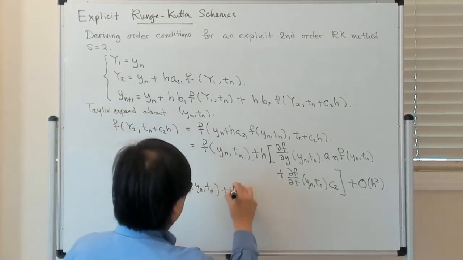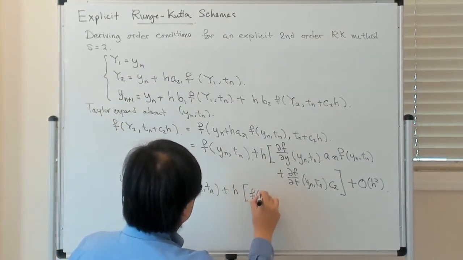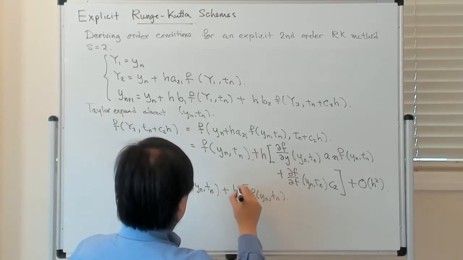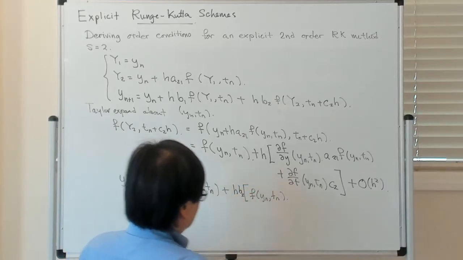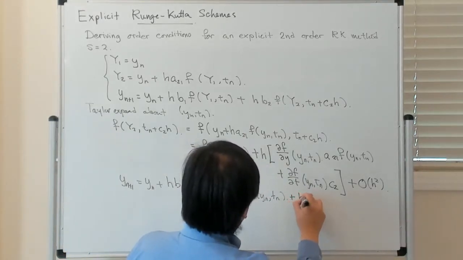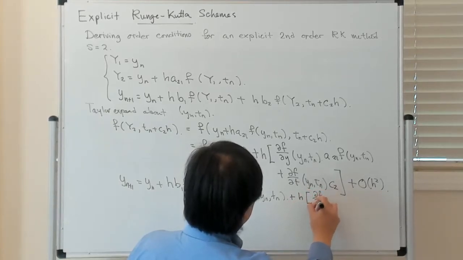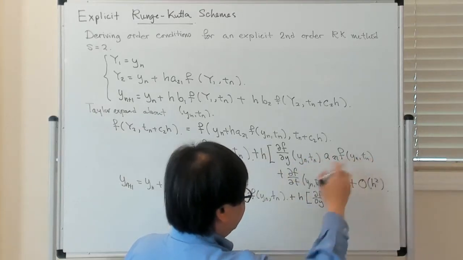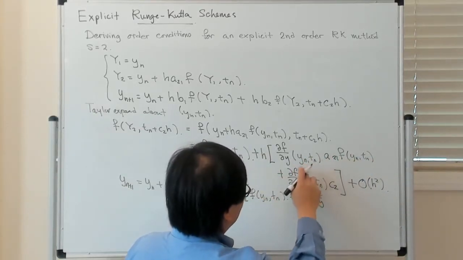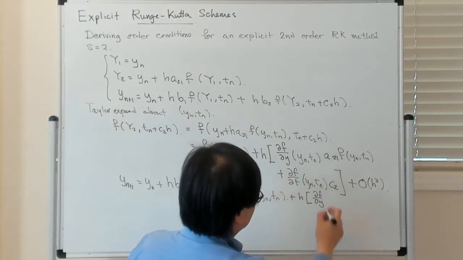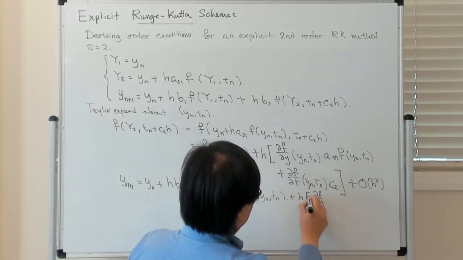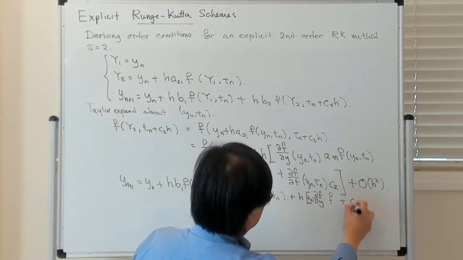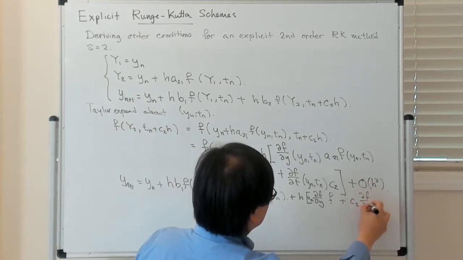Plus h times b2 f at yn, tn, plus h times df/dy. I'm going to omit where I'm evaluating them. Again, the idea is that they're just being evaluated at yn, tn if I don't explicitly state this. So there's an a21 here, and then there's an f, plus there's a c2 df/dt term.